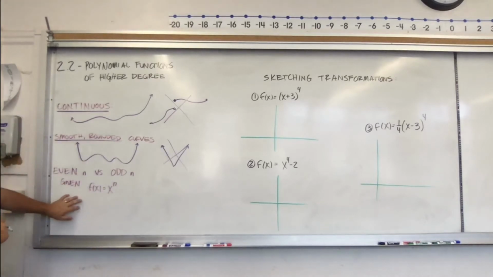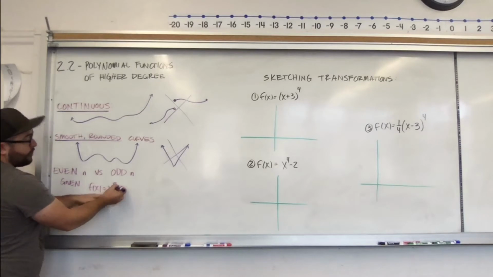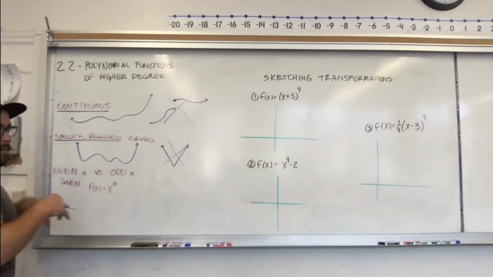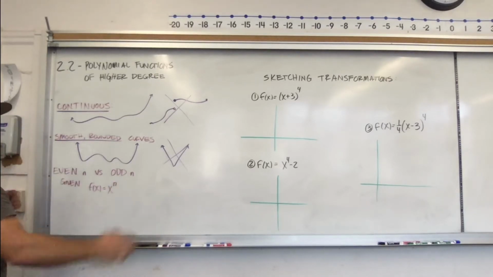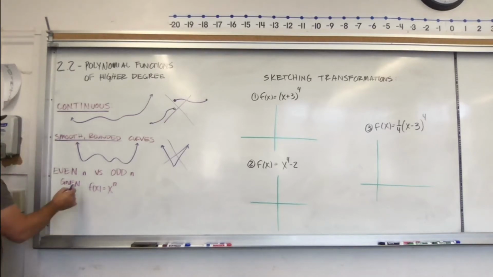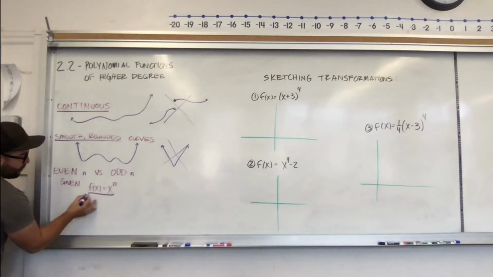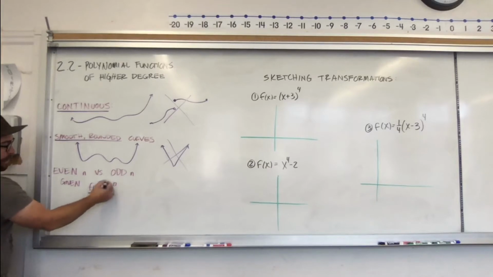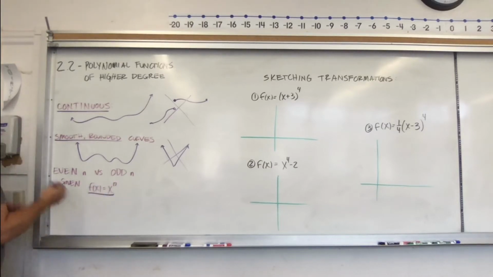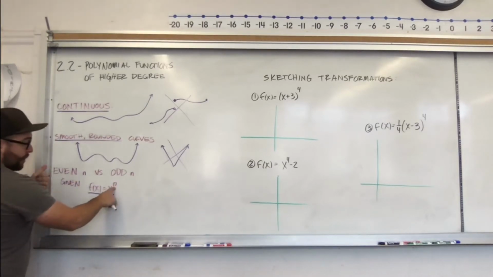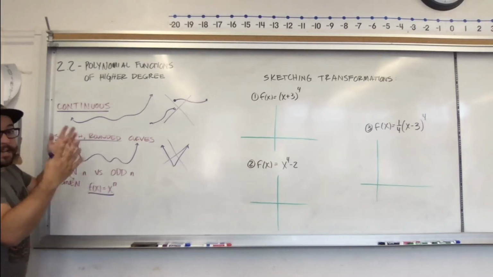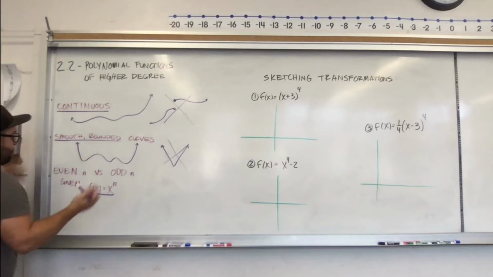And then I want to make one little note about the difference if the degree is even versus odd. Something that will help us a little bit. We'll go into a little more detail on the next page. But for now, if we're given some polynomial and its leading term is x to the n, we don't know what that is. We're used to quadratic, where n would be 2, cubic, n would be 3. Let's say it's 7 or x to the 19th or whatever it might be.